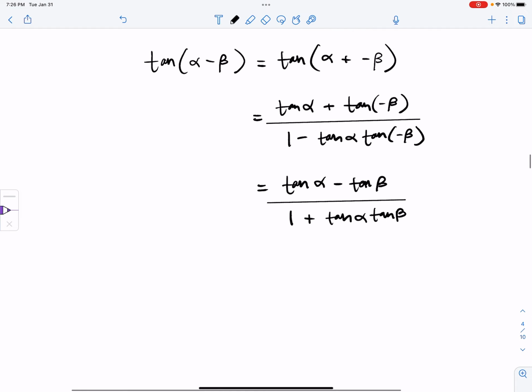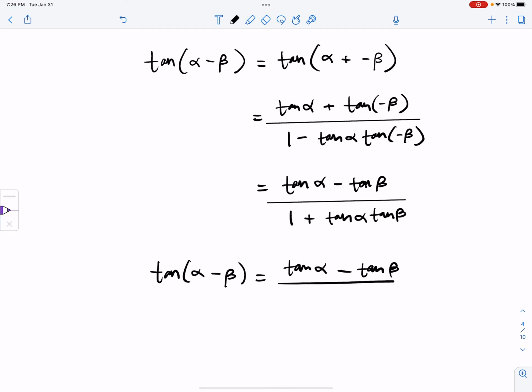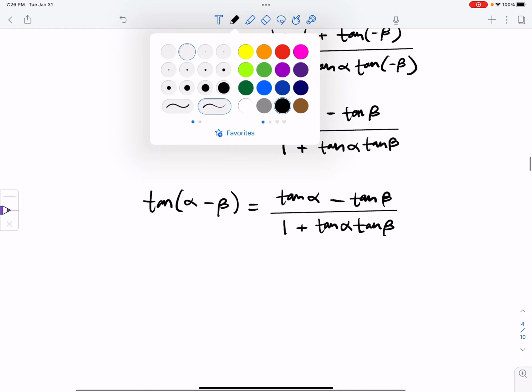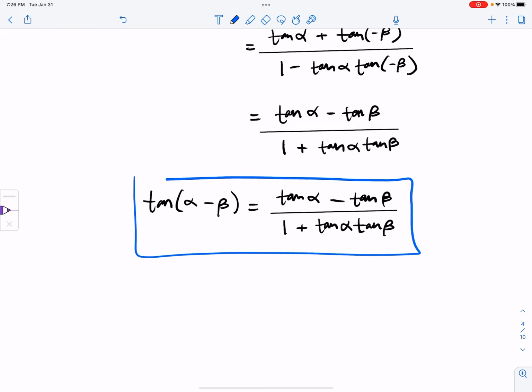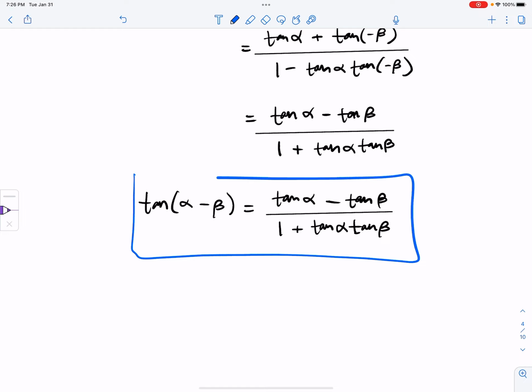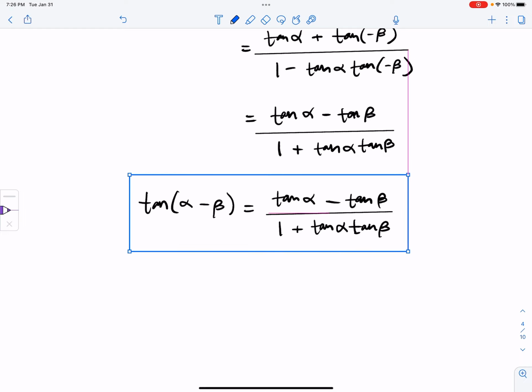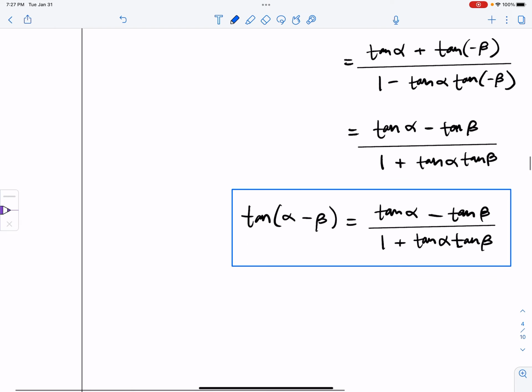So again, to summarize, tan of alpha minus beta is equal to tan alpha minus tan beta over 1 plus tan alpha tan beta. So that'll be the difference identity for tangent, or I always think of it as the angle difference.